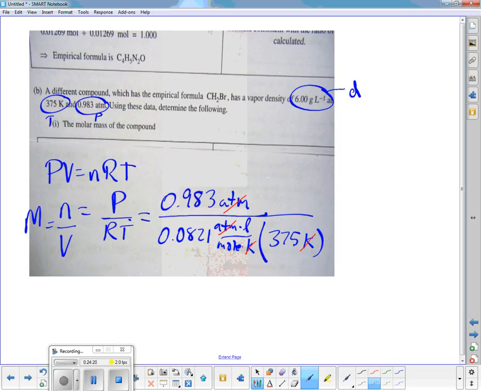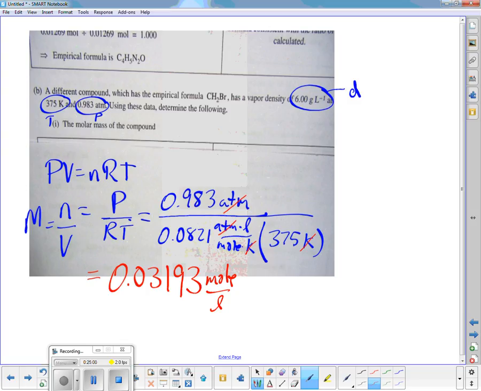So let's go ahead and solve for that. That's 0.0319. Let's carry one more. Okay, this is moles per liter, right?